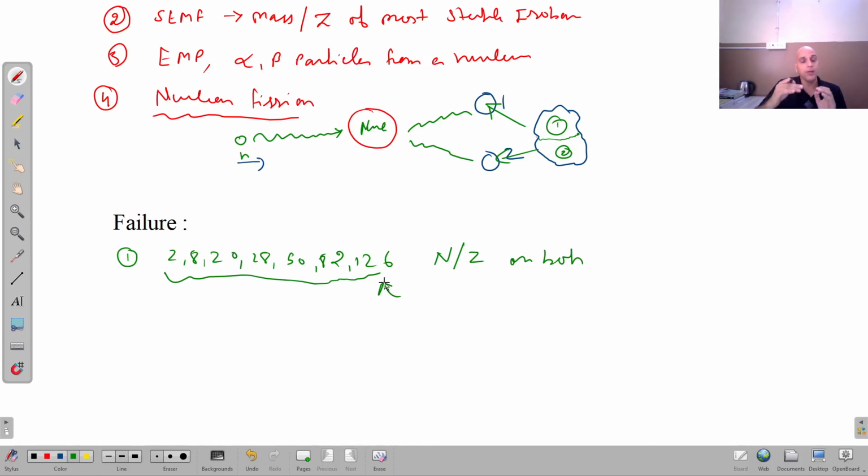So the liquid drop model or semi-empirical mass formula is totally silent about it. It is not able to explain why this feature happens in certain nuclei, and we call these nuclei magic nuclei and these numbers magic numbers. So we can say that this liquid drop model is not able to explain magic numbers correctly.